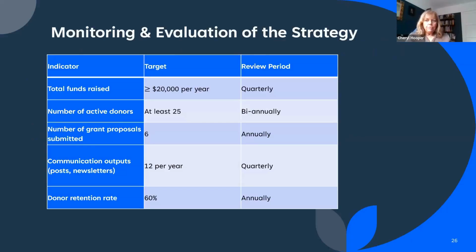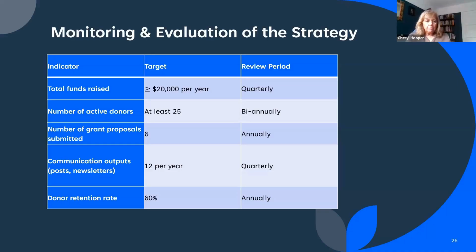And another important aspect that should be part of any fundraising strategy is the monitoring and evaluation of that strategy, and the monitoring and evaluation of the fundraising to assess how effective the strategy is, how effective is the work plan, and if anything needs to be changed or adapted.